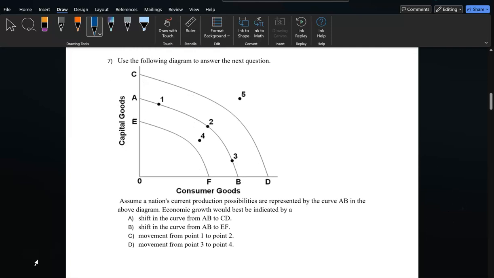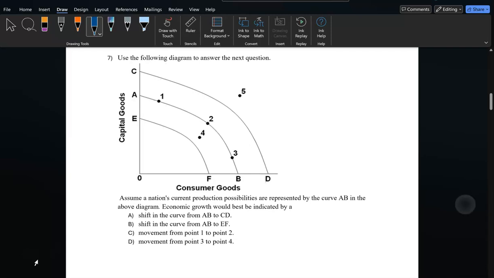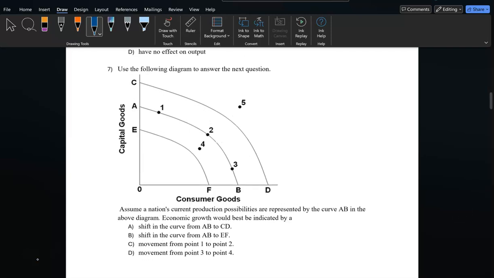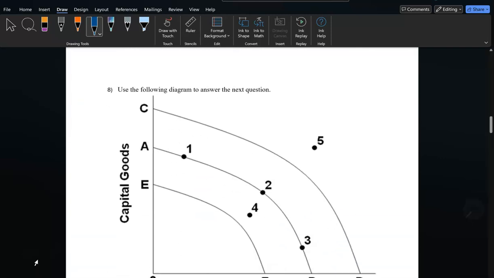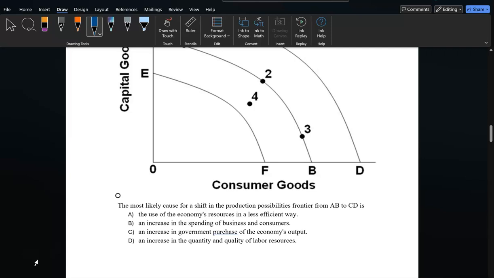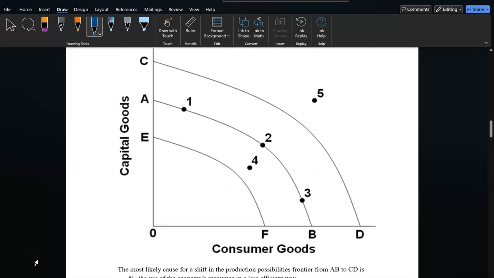Looking at question number 7, economic growth is best indicated by this one, a shift outward of the production possibility frontier from AB to CD. Question 8.